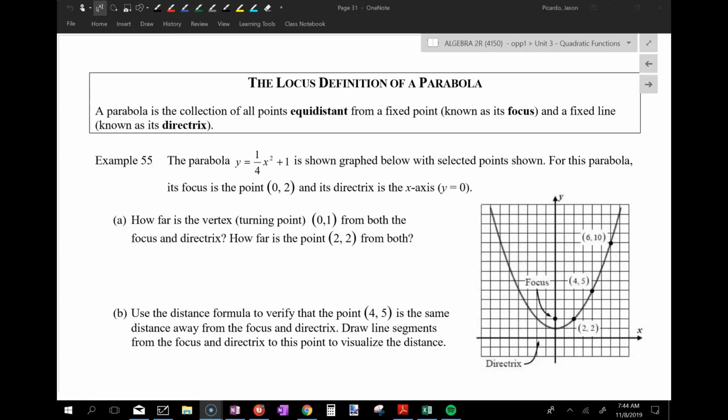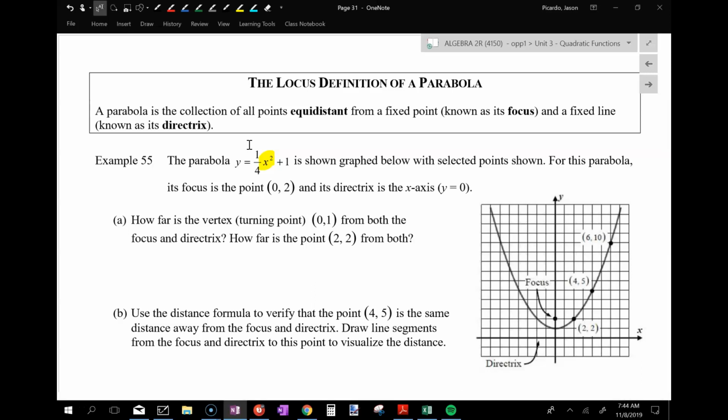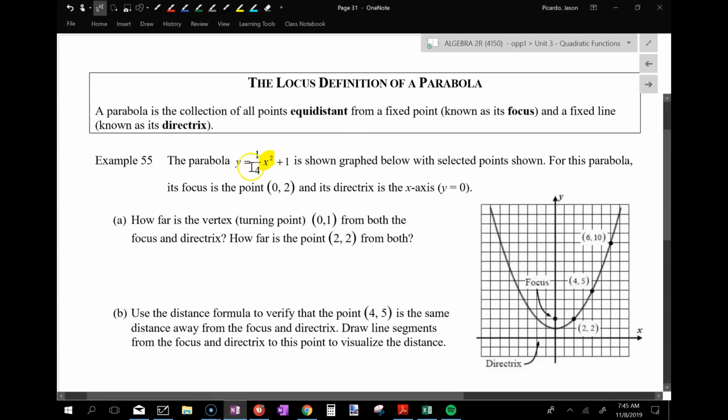Well, we recognize that the equation has an x squared, right? What did I say yesterday? We recognize something as being a circle if we have an x squared and a y squared. We need both.